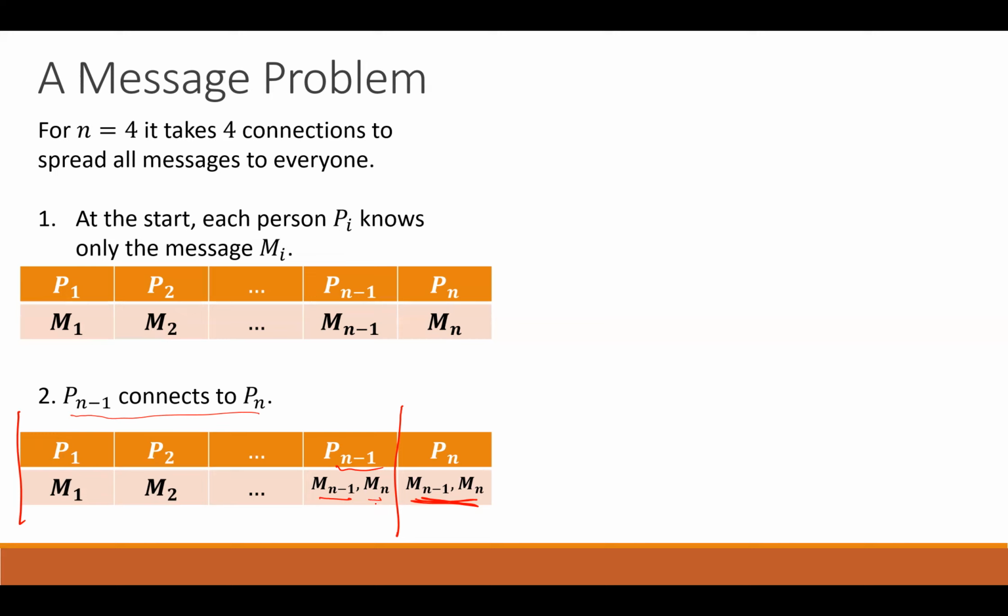So when I recursively solve this, I'm not just spreading message m1 to m n minus 1 among the first n minus 1 people, but I also include up to mn. So this first call makes sure that this recursive call solves the problem for the first n minus 1 people.